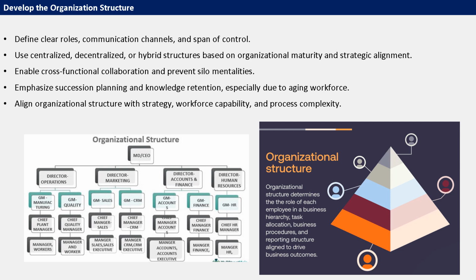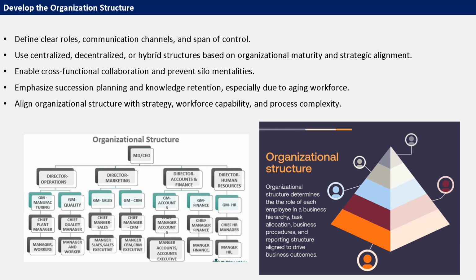Enable cross-functional collaboration. Foster teamwork across departments such as operations, maintenance, engineering, and procurement. Collaboration minimizes silos and ensures aligned efforts towards shared business goals. Plan for the future: succession and knowledge retention.